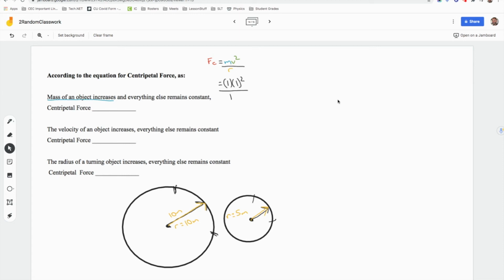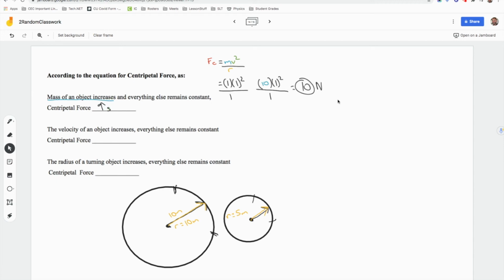So I'm going to change that number from 1 to 10 times 1 squared divided by 1. So 10 times 1 squared equals 10. So that's the force in newtons. So the centripetal force increases, goes up, right? That's an arrow meaning increase.